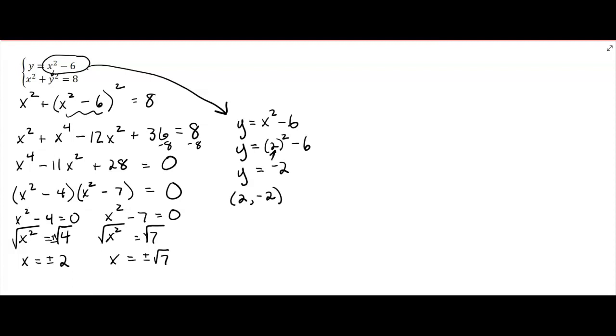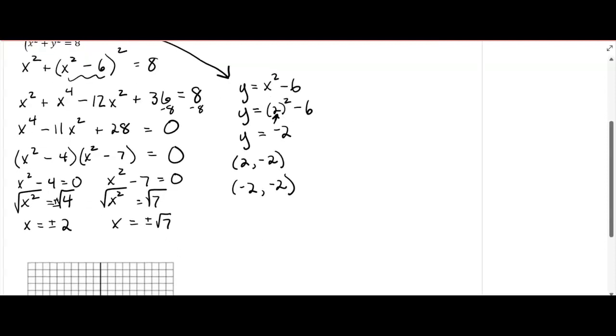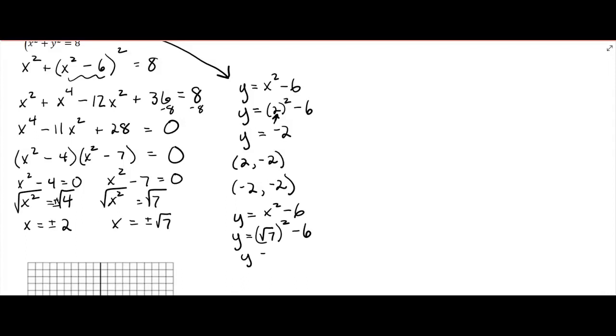If I were to plug in a negative 2 for x, I'm going to get the same answer out because when you square it, it's going to be positive 4 minus 6. Okay, I won't write that out, but I can. Now I'm going to have to think about in terms of the square root of 7. So if you take y equals x squared minus 6, but you plug in the square root of 7 and you square it and subtract 6, you're going to get 7 minus 6, which is 1.